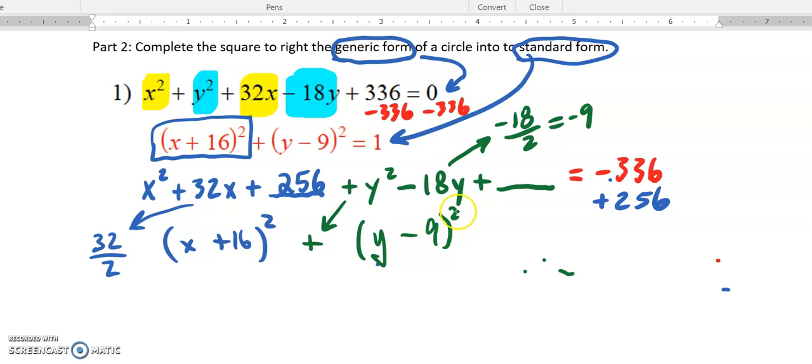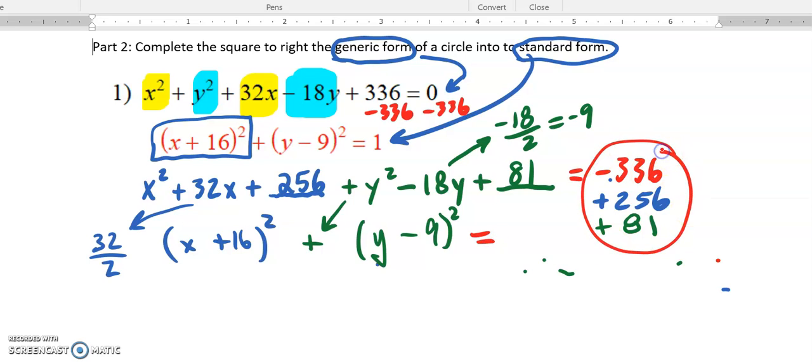Well, that's going to be negative 9 squared, which is 81. Just like I did with the 256, I have to add it to both sides. So plus 81. And now this equation will be equal to, and if I add all of these up, I should end up with just 1.